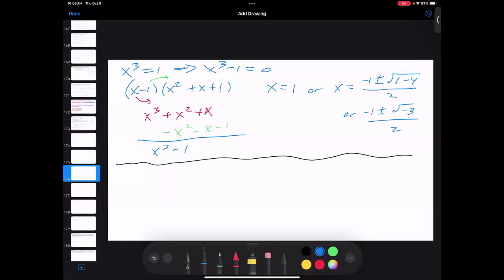Try another one. X cubed equals... So x cubed minus 1 didn't quite work. What's something else we could try? Give me a number.